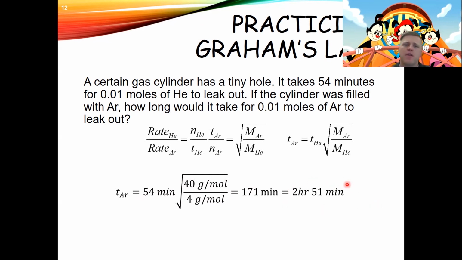In other words, that's about 3 times longer than it took for the helium, even though the mass of argon is 10 times greater. The reason that we're not getting a linear relationship is because we have this square root. So if you increase the mass tenfold, then you're really only decreasing the effusion rate by a factor of the square root of 10, which is about 3.